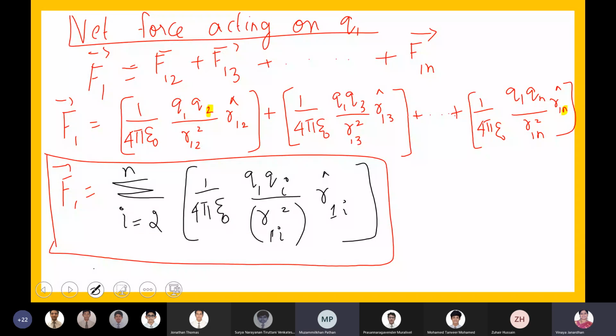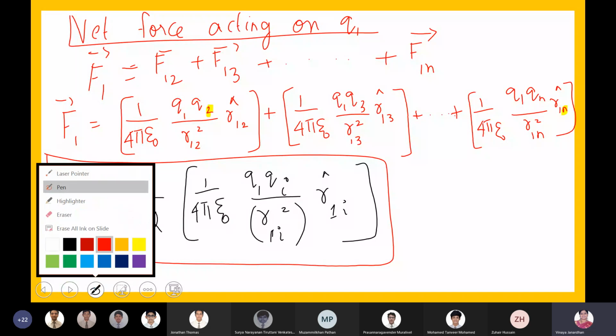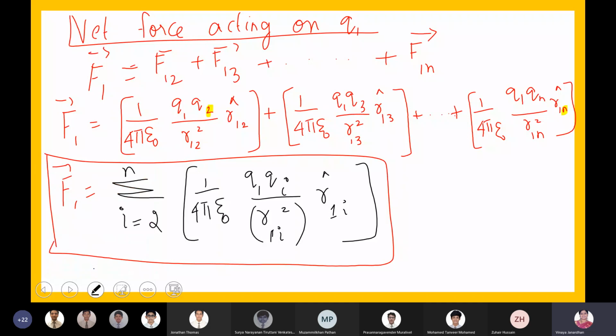Okay, look at this, boys. This is a sum over, right? Which factor is changing? Here, the suffix 1 is the same. The next factor will be 2, then 3, and the last one is n.